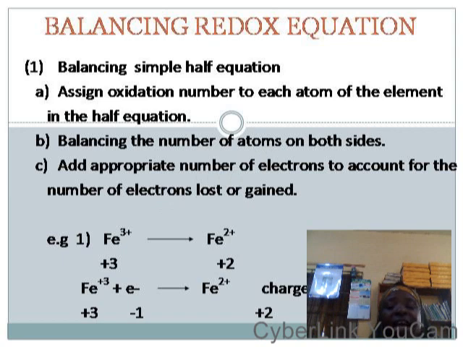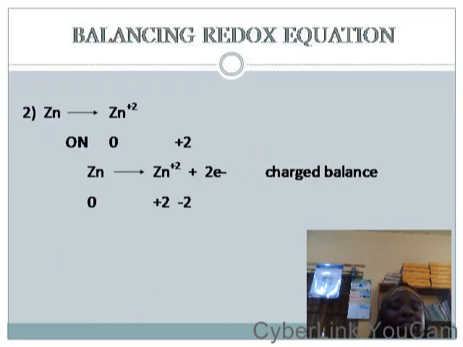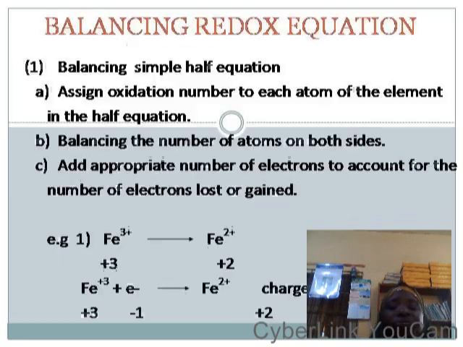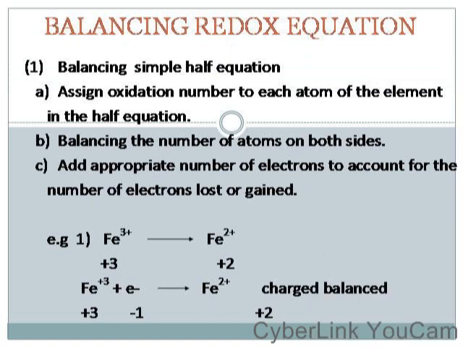Now let's take an example. If you look at example 1 here, we have from Fe3+ to Fe2+. This is a simple half redox equation. If you look at it, the number of atoms there are balanced. We have only one iron there, but the number of charges there is not balanced.